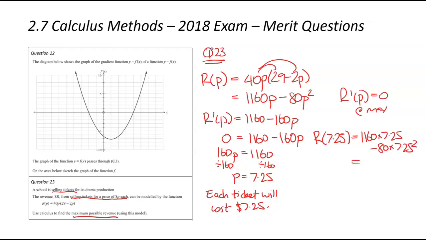I'll definitely be using my calculator at this point in the exam, and I get $4,205. That is the maximum revenue, and that would secure my merit mark.